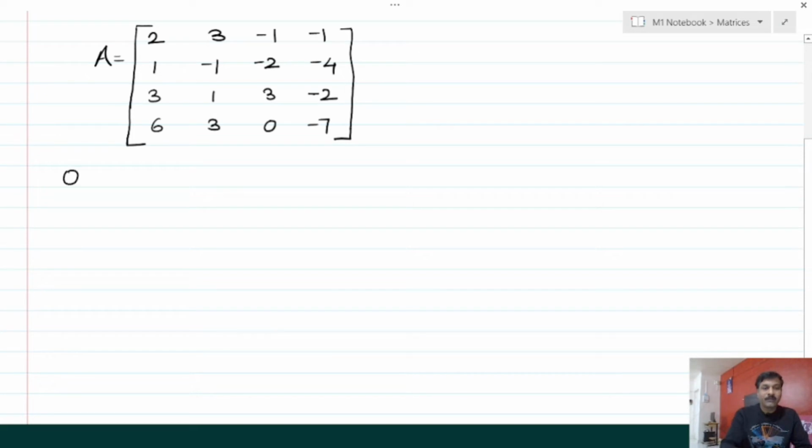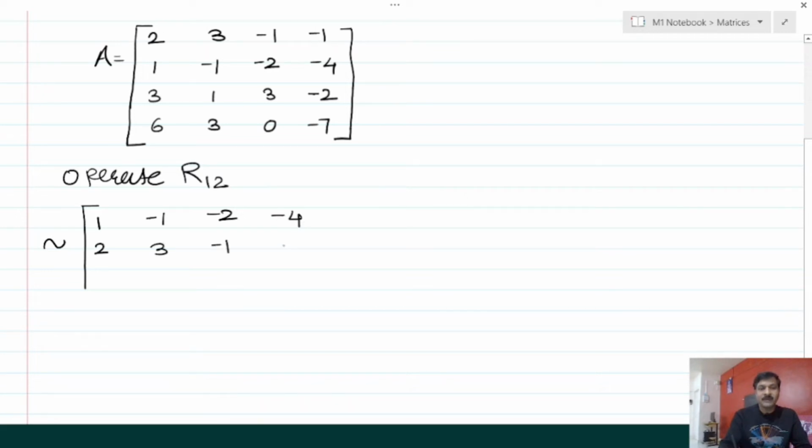We can operate R12, meaning interchange the first and second rows. So the equivalent matrix is 1, minus 1, minus 2, minus 4. Second row 2, 3, minus 1, minus 1. Third row as it is 3, 1, 3, minus 2. And the fourth row also as it is 6, 3, 0, minus 7.